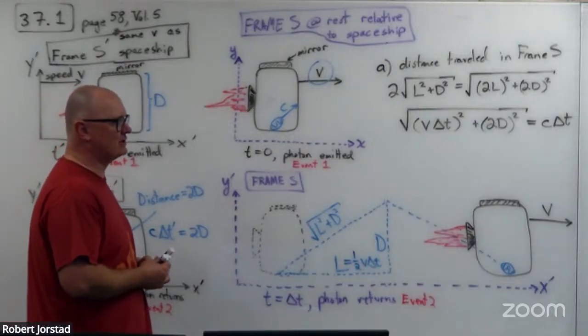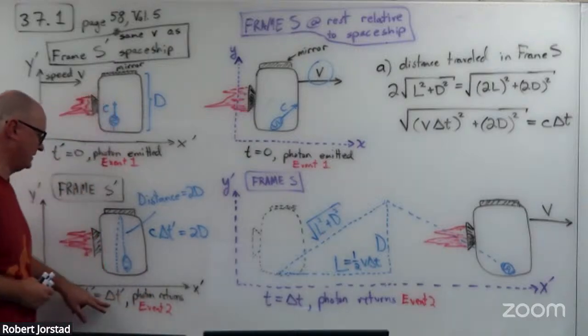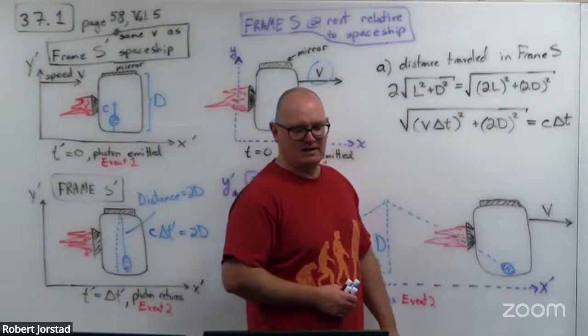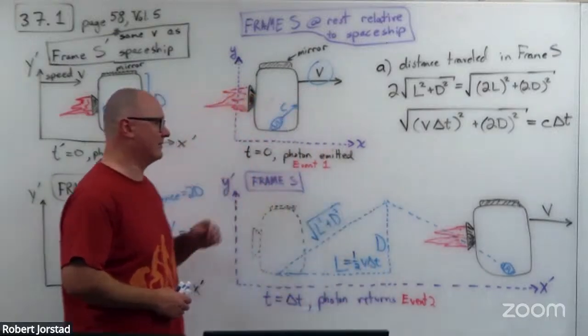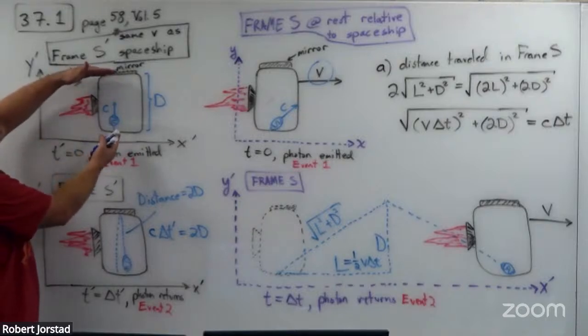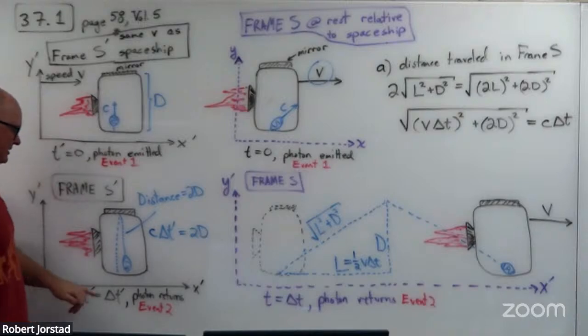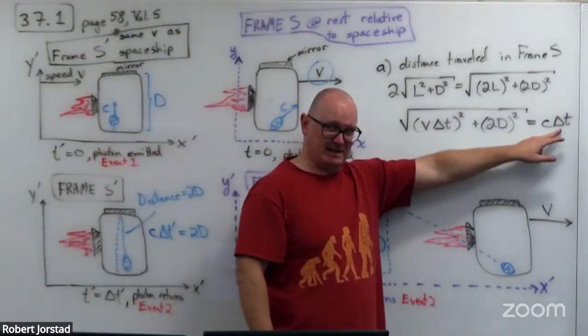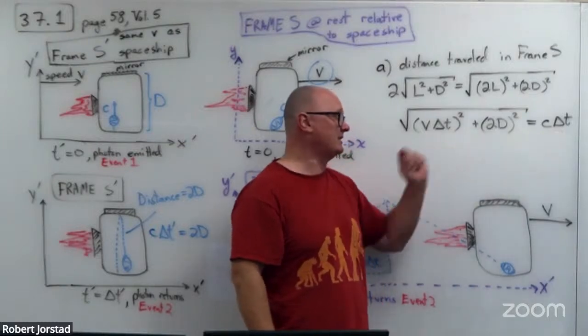So now part B asks, determine a relationship between the primed time and the unprimed time that doesn't involve D, right? So what we're looking at is, you could use this thing as a clock, but every clock's going to have a slightly different size. Our goal is to get a relationship between delta T prime and delta T that doesn't involve this distance.